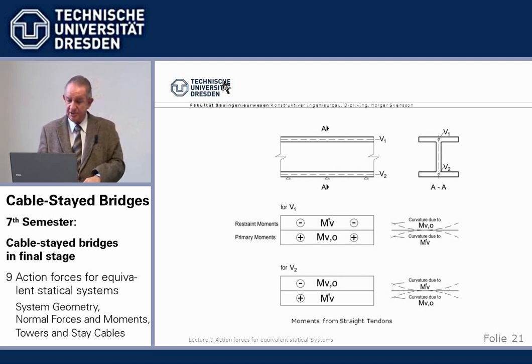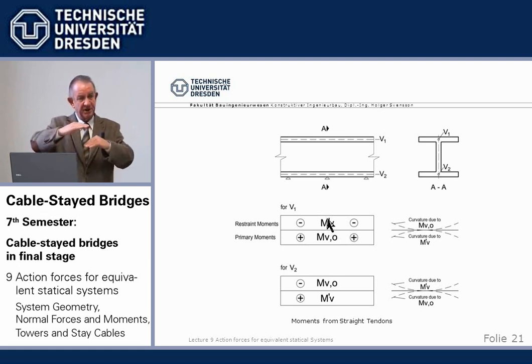And if we post-tension a beam with straight tendons on rigid supports, then the moments from eccentricity, which we called MV0 at my time, and the restraint moments we used to call MV prime, they just balance one another. It's clear the curvature wants to go down but can't because of the rigid supports.